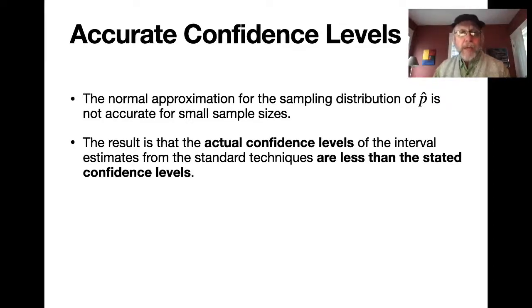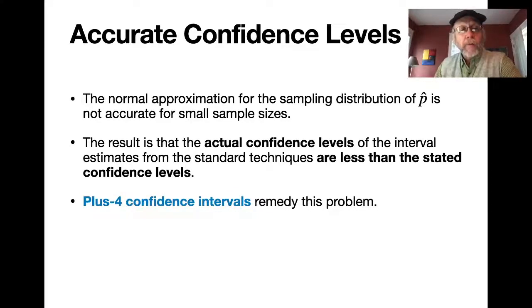But if the sample sizes aren't large enough, everything's not hunky dory. And it's no longer the case that 95% of all 95% confidence intervals contain the mean. It'll actually be less. That's a problem because you think you're getting a certain confidence level and you do everything correctly, and yet the actual confidence level you get is less.